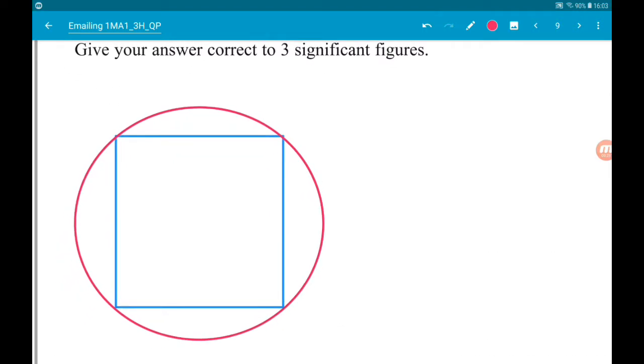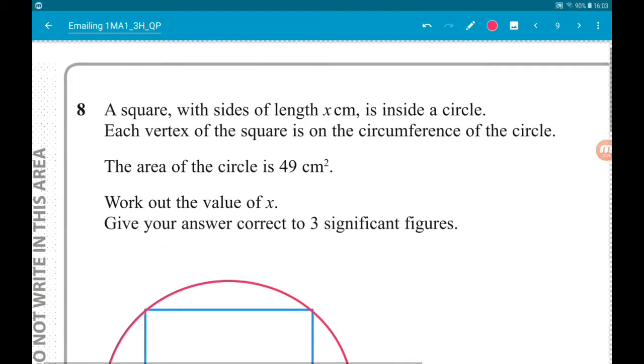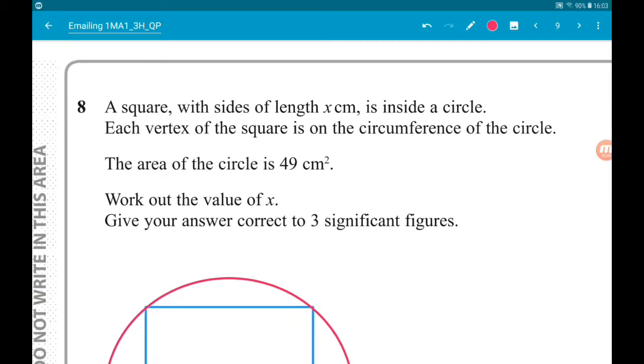So, I would highly advise making a sketch yourself too. We are told the area of the circle is 49 centimeters squared. Work out the value of x. Give your answer correct to 3 sig figs.